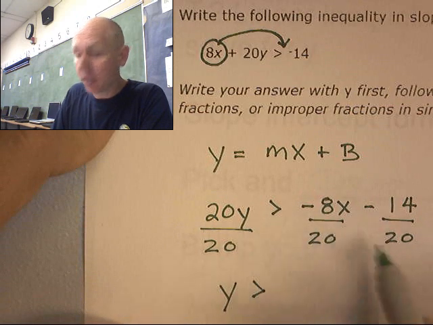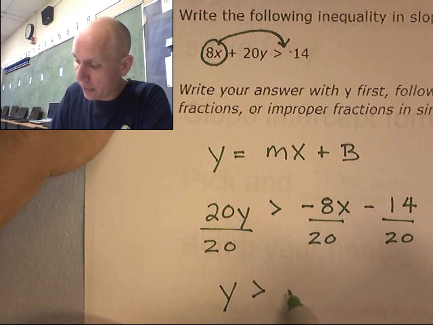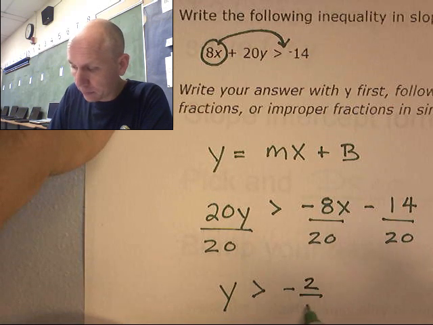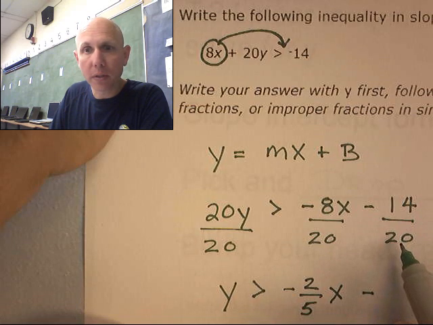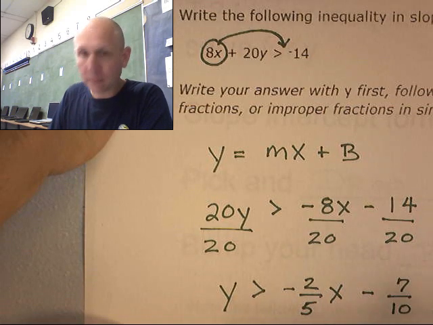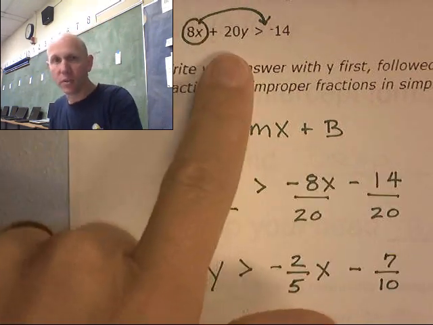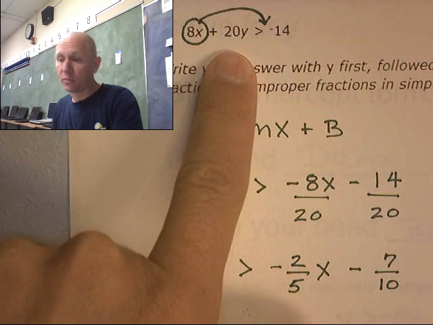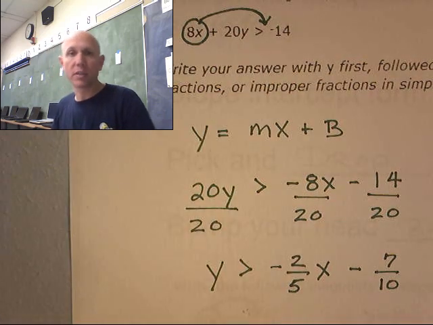Negative 8 over 20 can reduce to 4 over 10, which is 2 over 5. 14 over 20 can reduce to 7 over 10. So we've taken this equation up here, which is in what? It's in standard form, and we've pushed it over into slope-intercept form.